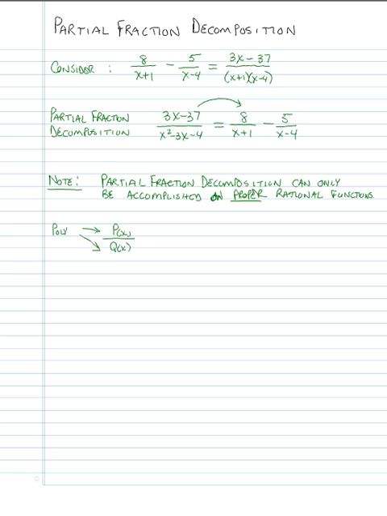To be proper means that the degree of the numerator, that is of p of x, is smaller than the degree of the denominator, than that of q of x.